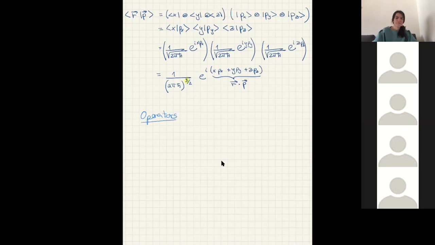So what is px, for example? So px is px on the first system, tensor the identity on the second, tensor the identity on the third system. Okay, just like we did for qubits, when we had a gate that was applied only on 1 qubit.